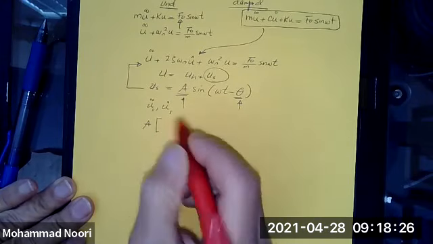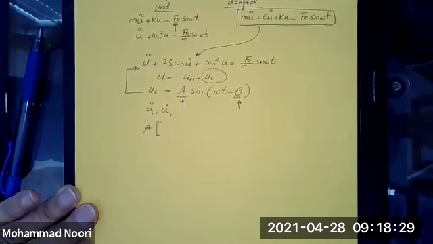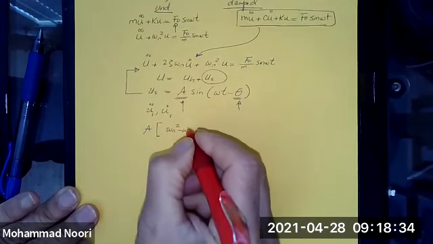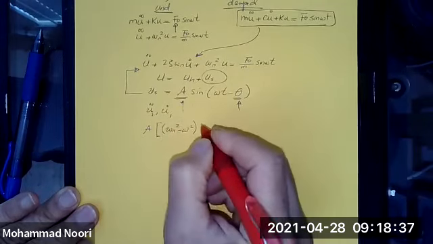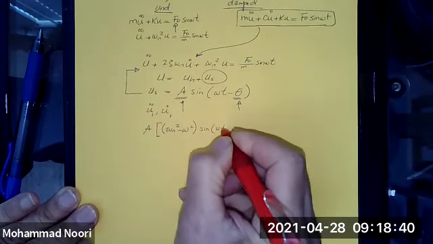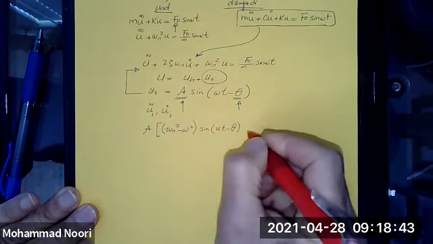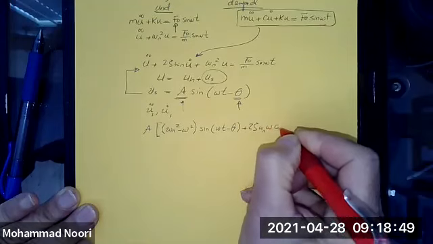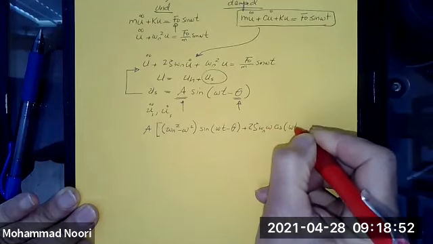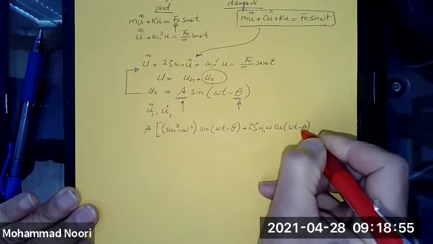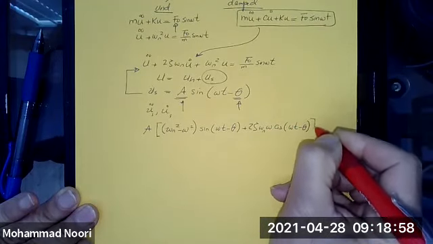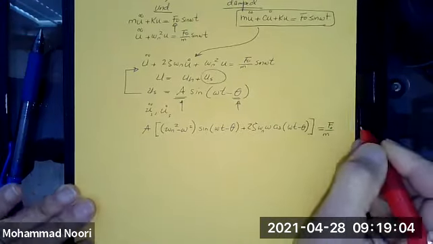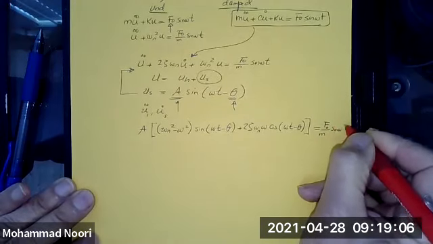After you simplify that, factor out all the common terms and so on, you end up with something like this: omega n squared minus omega squared times sine of omega t minus theta, plus 2 zeta omega n omega cosine of omega t minus theta, is equal to F naught over m sine omega t.